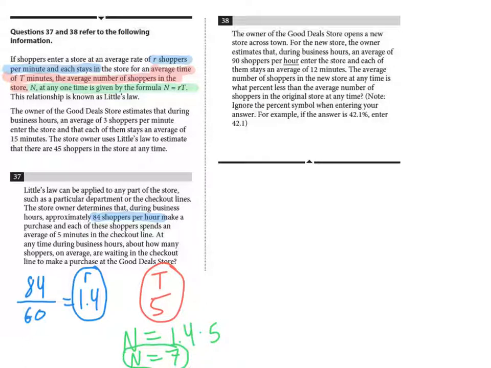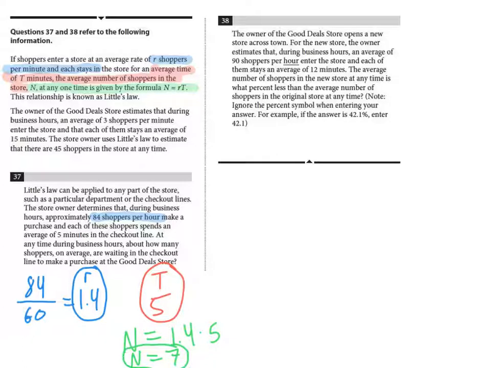Okay, 38. The owner of the Good Deals store opens a new store across town. For the new store, the owner estimates that during business hours, an average of 90 shoppers per hour enter the store.